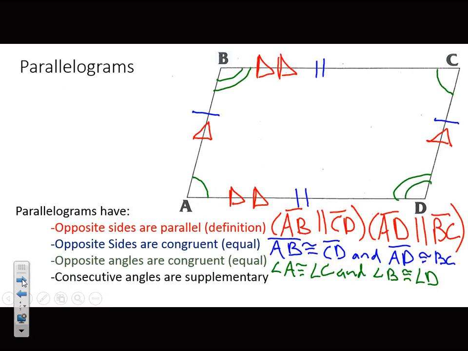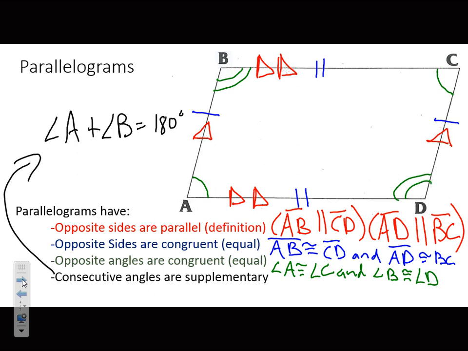All right. Consecutive angles are supplementary. Consecutive angles, that means angles that are right next to each other. So angle A plus angle B equals 180 degrees.